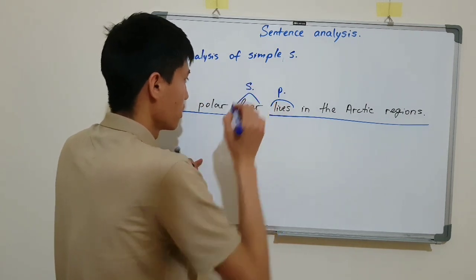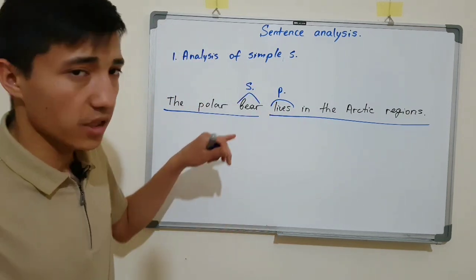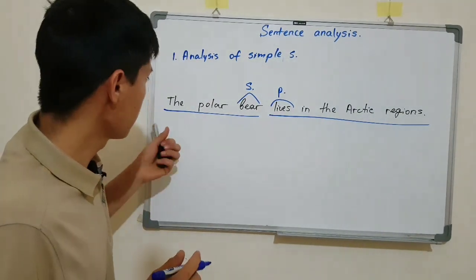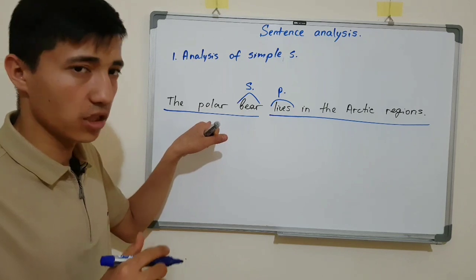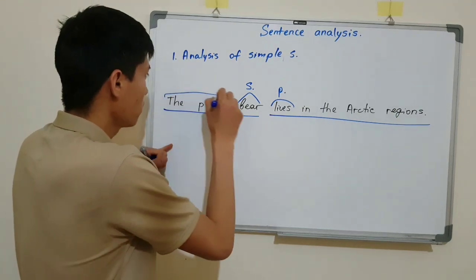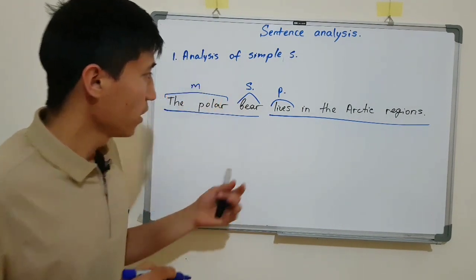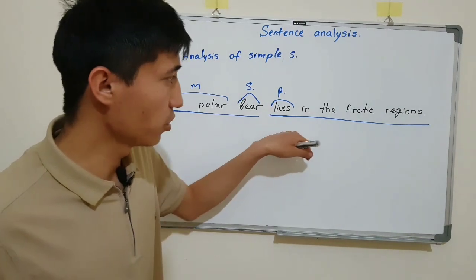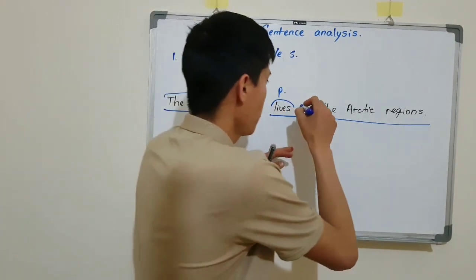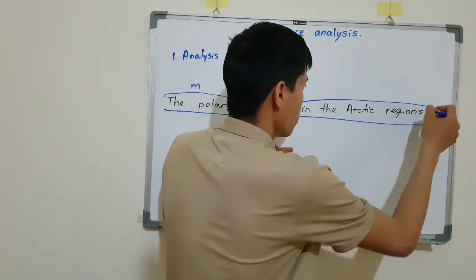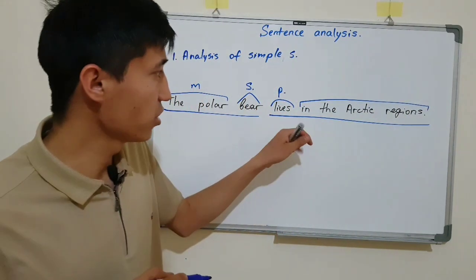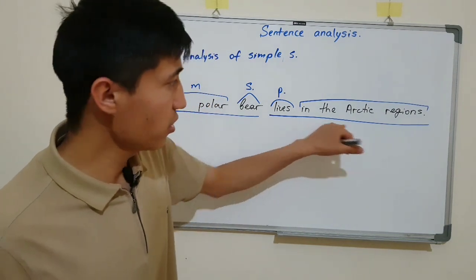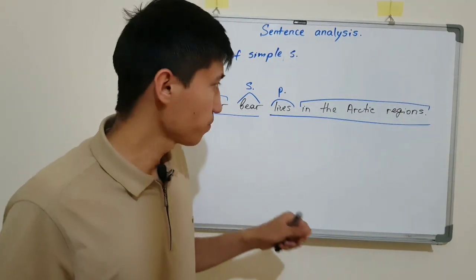The subject is modified by two words, the article the and the adjective polar. They are modifiers. And the predicate also has its own modifiers. The modifier is in regions. In the phrase in regions, in is a preposition and regions is a noun.